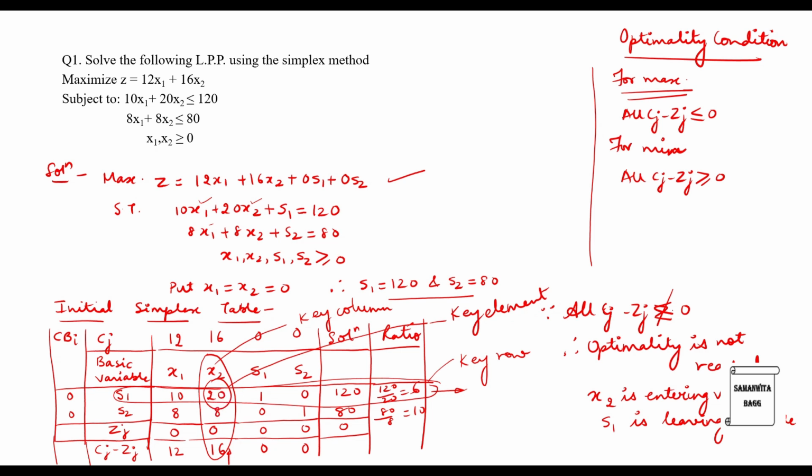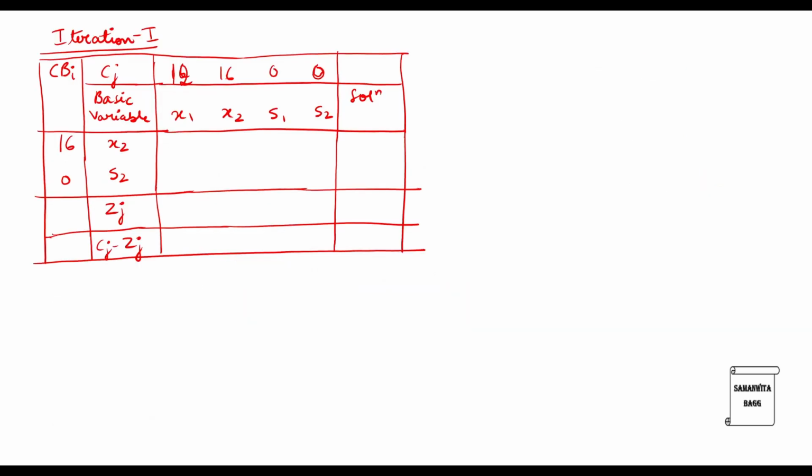So this element 20 is very important. First we will talk about the key row. We will divide each element of the key row by the key element. That is 10 by 20, 20 by 20, 1 by 20, 0 by 20, 120 by 20. So 10 by 20 is 1 by 2. This is 1. This is going to be 1 by 20 and this will be 0. This will now be 6.